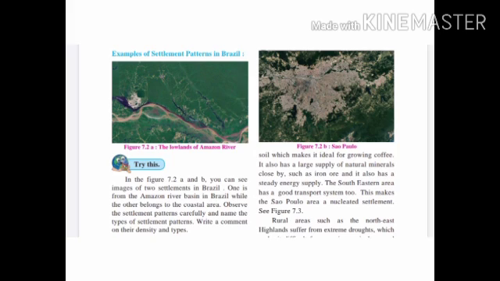Rural areas such as the Northeast Highland suffer from extreme drought, which makes it difficult to practice agriculture, and hence settlements are sparse here. Settlements become sparse as we move toward the central part of Brazil.